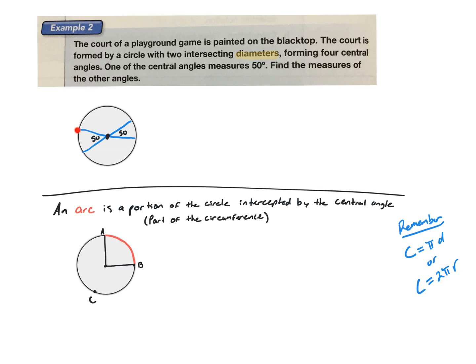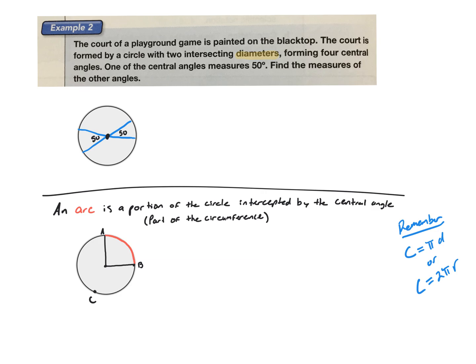Well, notice, if this is a diameter, that these two would measure up to 180. So there's kind of 2 different ways we could do that. We could say 180 minus 50, that'd give me the measure of this one. Or I could say 360, that's the measure all the way around, minus the 2 50s. That'd give me the measure of these two together, and since it's the same, if I divide by 2, it'd give me that.